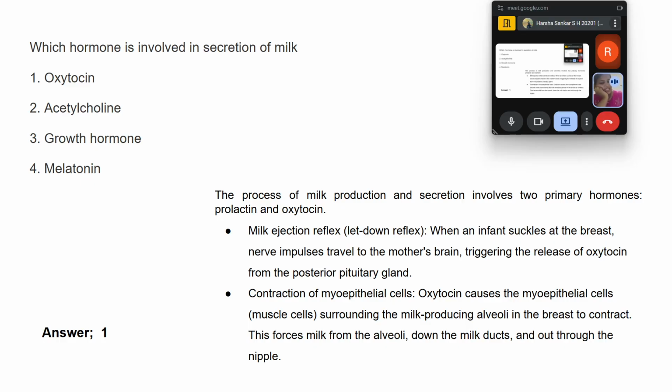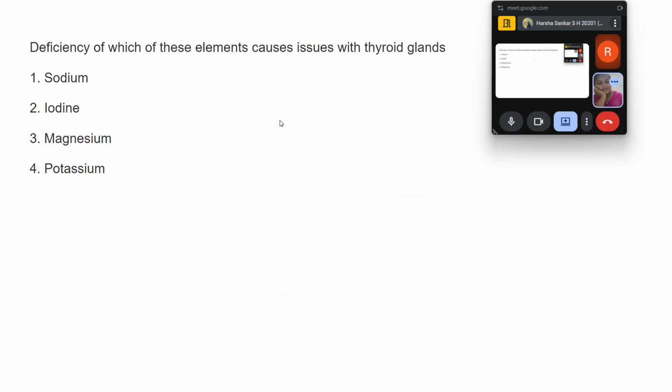Oxytocin causes the myoepithelial cells surrounding the milk-producing alveoli in the breast to contract. This forces milk from the alveoli down the milk ducts and out through the nipple. So it makes sure that milk is getting ejected or secreted.